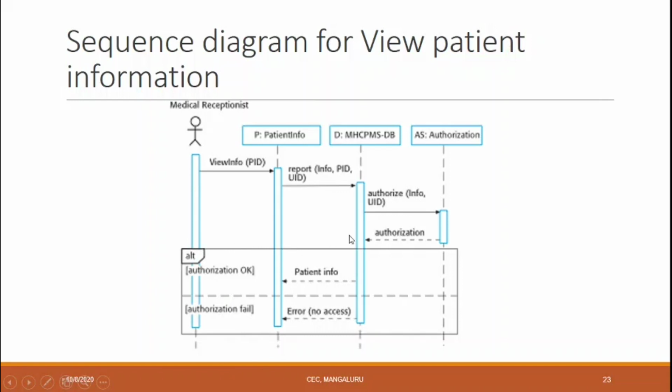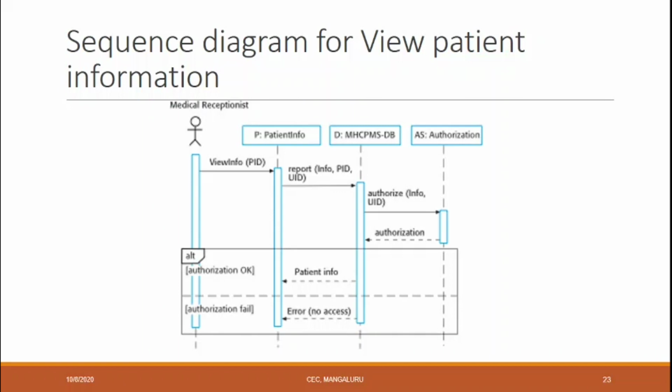So this is what halts the flow. If the user is valid, it sends the information. Otherwise, it sends an error message, that is, you cannot access the information. So this is the sequence diagram for viewing the patient information.